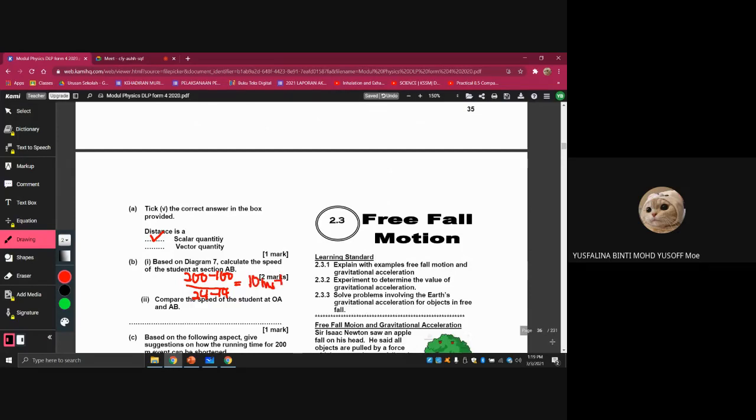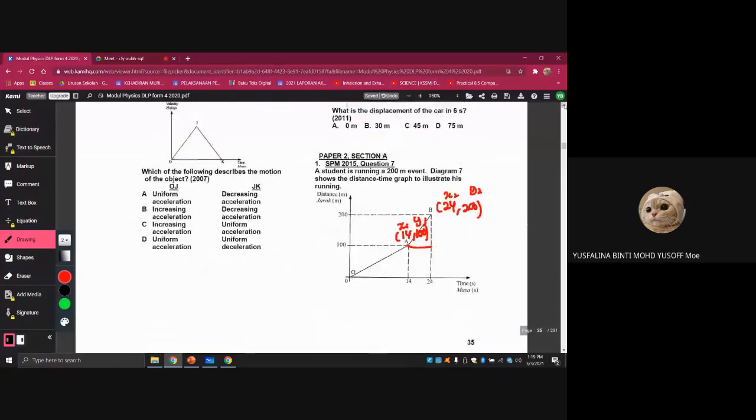And then you have to compare. How to compare the speed OA and AB? Anyone know? How does the teacher want to compare? There are two ways, right? The first one, you have to use the formula. And then the second one, you can just look at the gradient. Which one is the gradient higher?